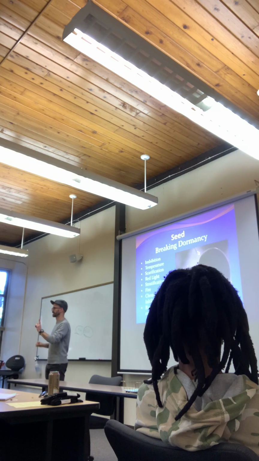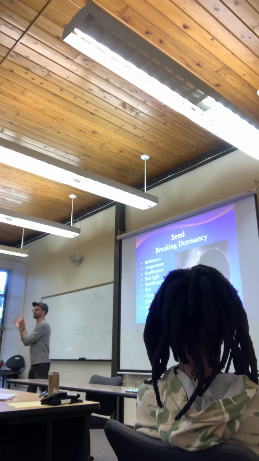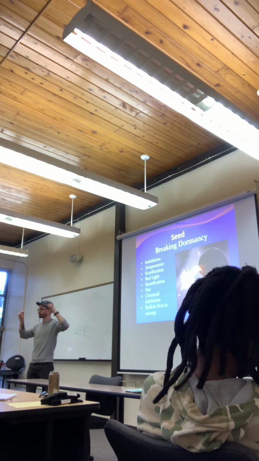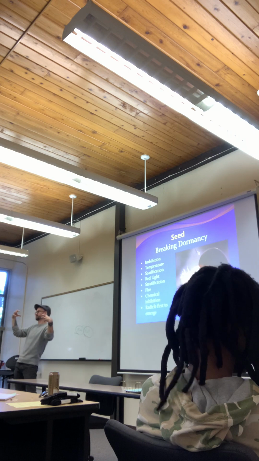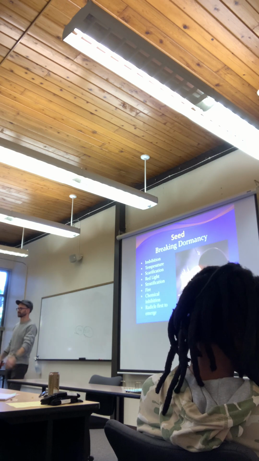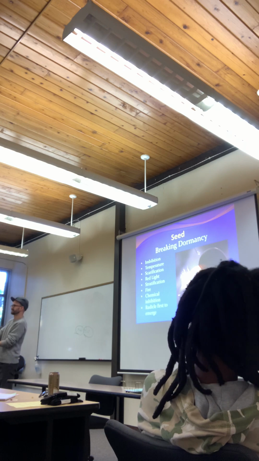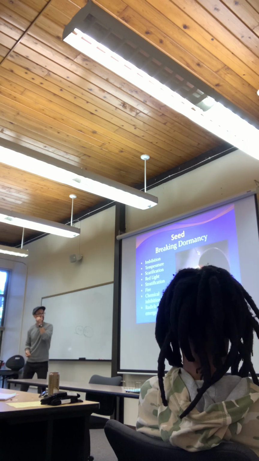The conditions might be right, but it's not in the right environment. Both of those things are going to impact how readily it germinates, how readily dormancy can be broken. So when we break dormancy, it's no longer dormant, and now that seedling can start to grow, which we call germination.